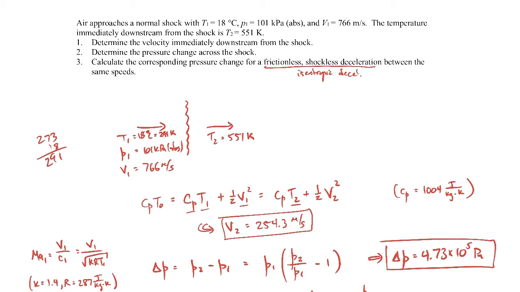Rather than going through the shock, we're assuming that we're going isentropically from this temperature to that temperature and from this speed to that speed. That probably would have been a better way to write this. Maybe I should have written same speeds and same static temps, just to make it absolutely clear. All right, I think that does everything for this example, so we'll end it there.